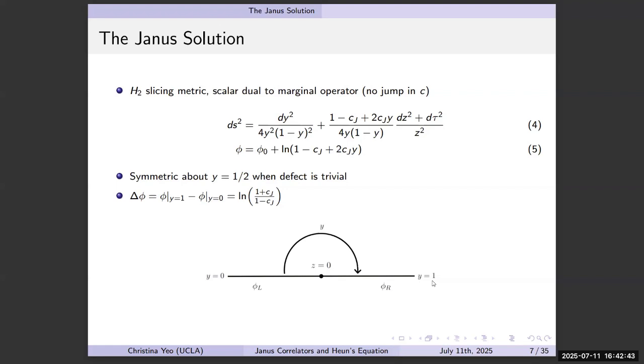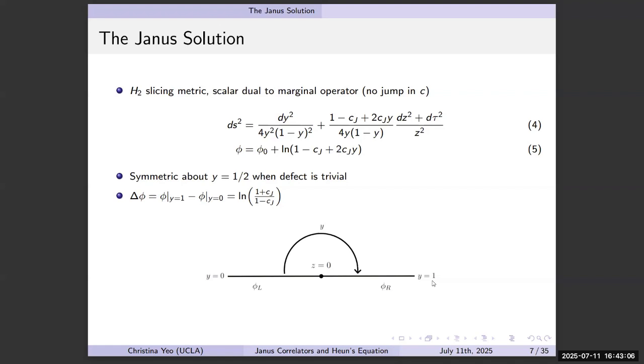My question is, if you turn off CJ, let's say it's 0, then the metric is at least not apparently the Poincare metric. Is it still equivalent to the Poincare metric under some coordinate transformation? It should be, because then it's just pure AdS.